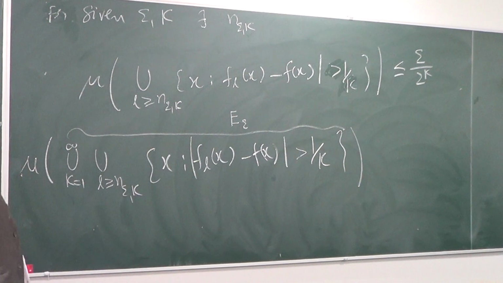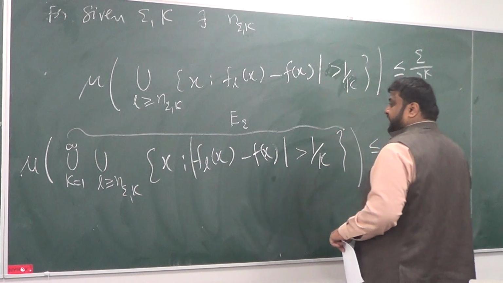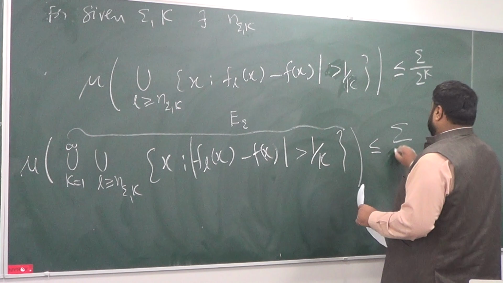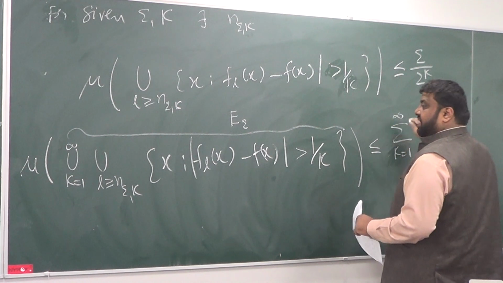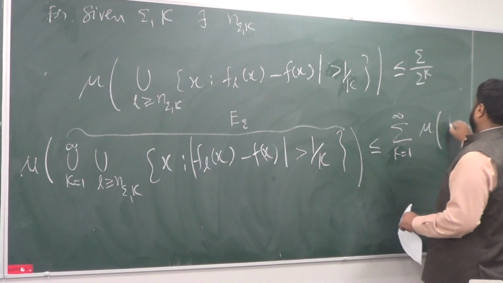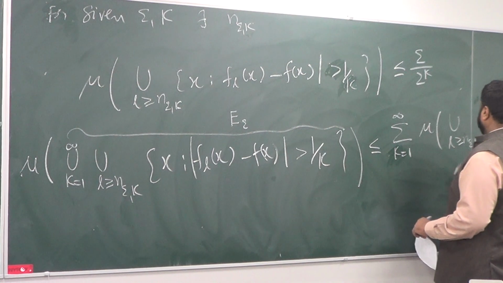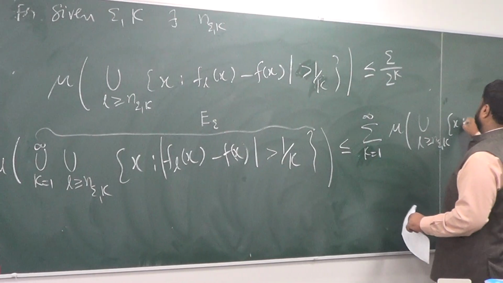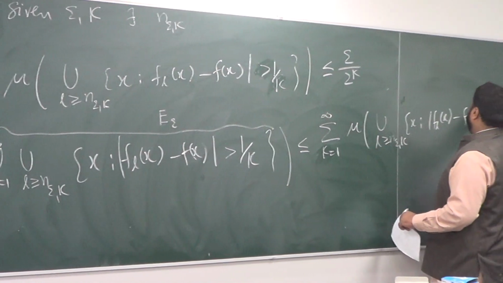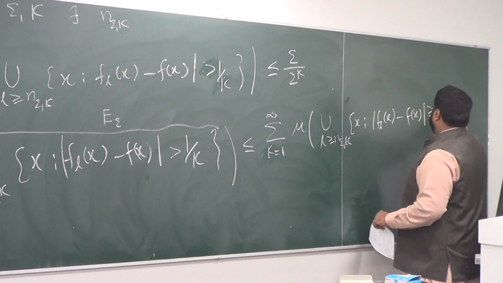So what would be this? The measure of this would be less than or equal to the sum over k equal to 1 to infinity of the measure of the union over L bigger than or equal to n epsilon k of the set of x such that f_L of x minus f of x is bigger than 1 over k.